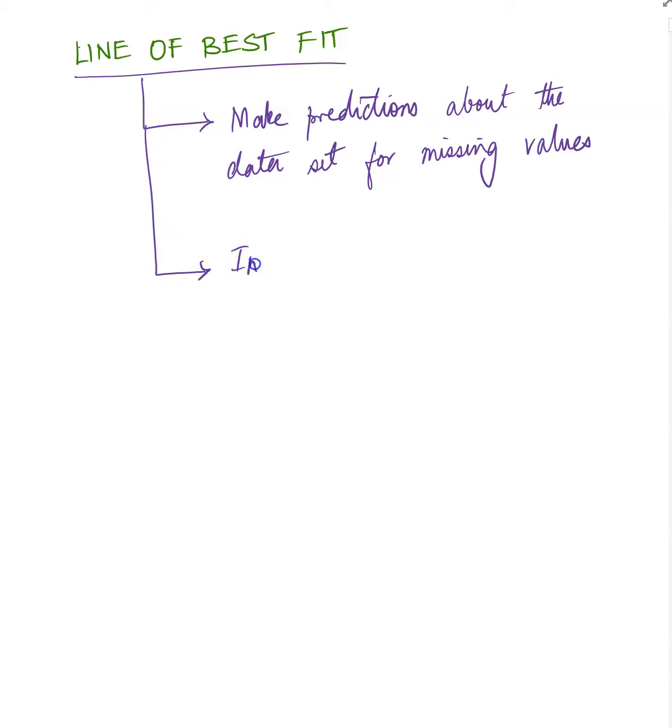One is called interpolation, and this is a process of predicting inside the observed x values. Inside or within.